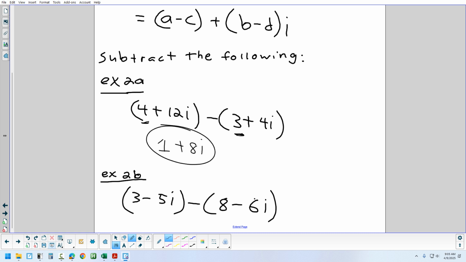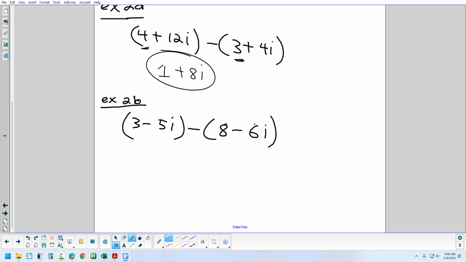How about number 2? Work that out and tell me what your real part is and what your imaginary part is. Real part would be -5.